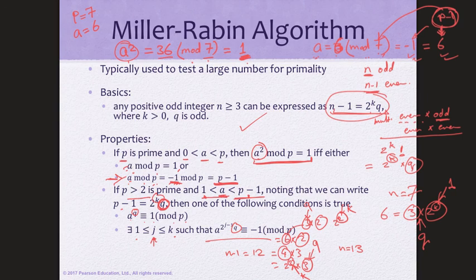This is under the condition that p is greater than 2 and a prime number, and we have some a smaller than that prime number, then either a to the power q is going to be equal to 1, or we can find some j that satisfies the second. Again, this is not very useful.